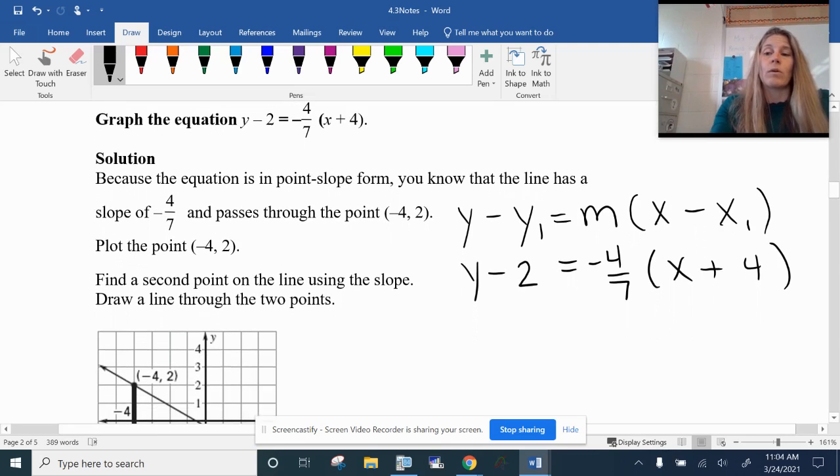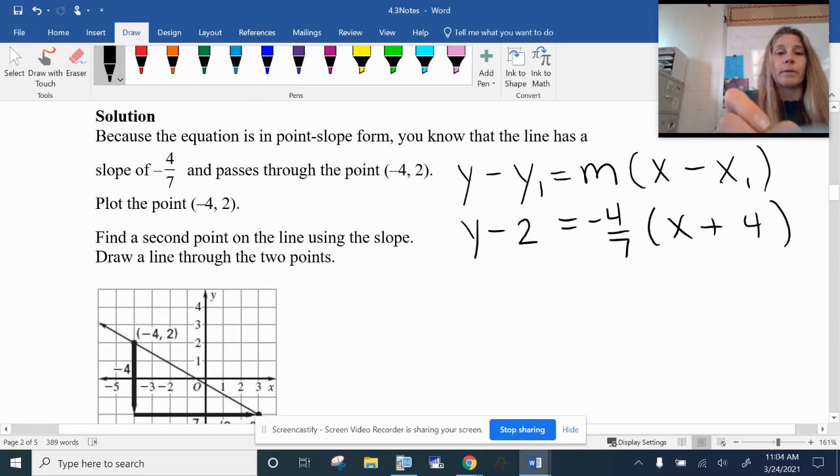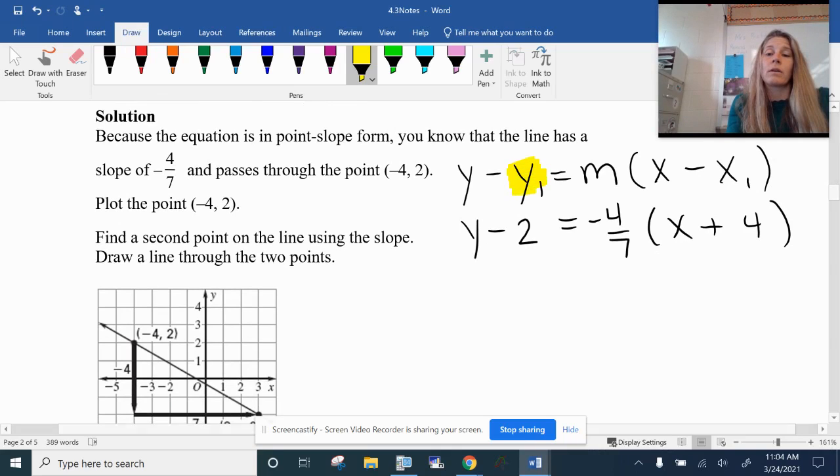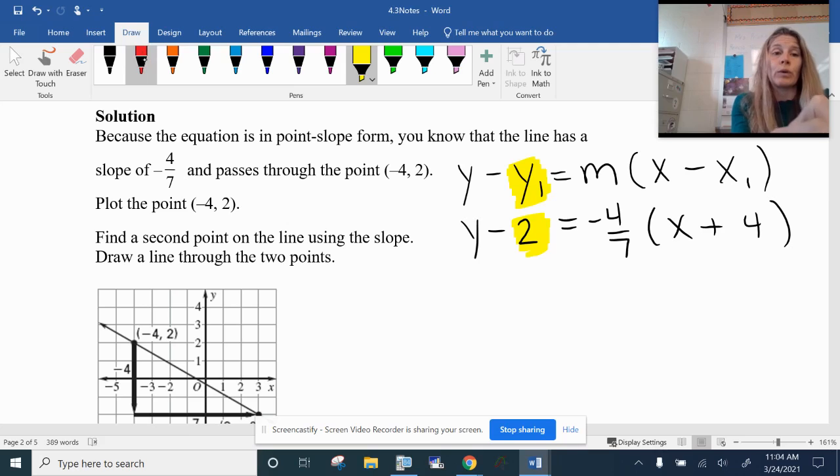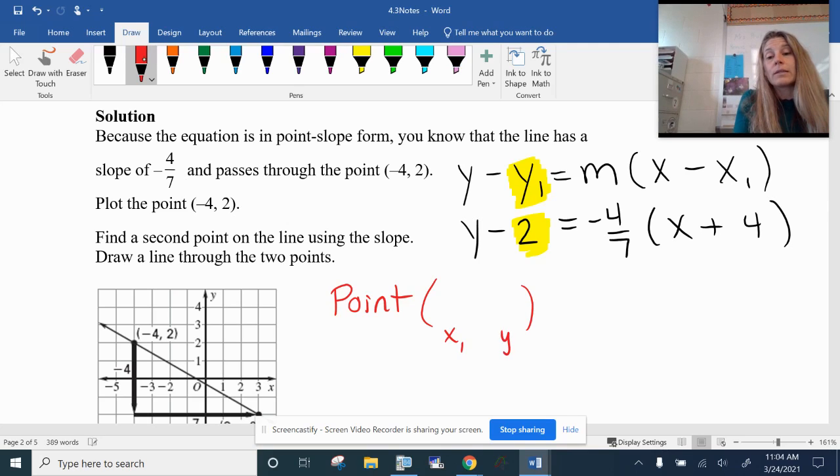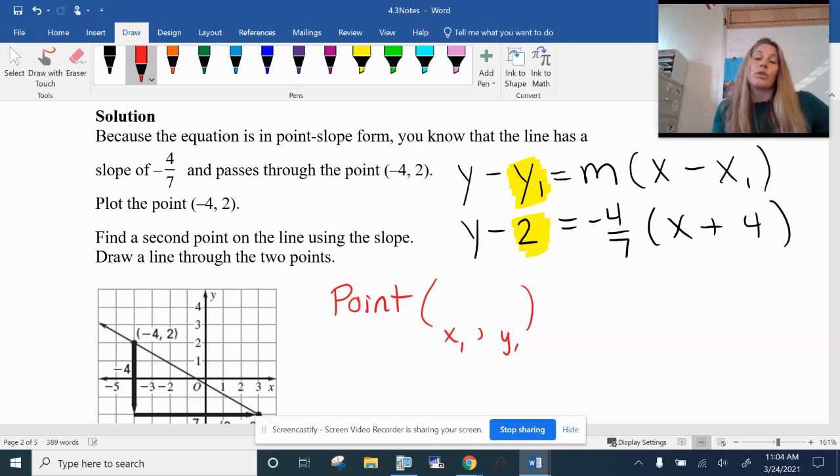Okay, so now in this equation, if I look at the y1, I can see that that's going to be 2. Now, this is where some people get a little bit confused because sometimes the signs can be a little tricky here. So when I'm looking for my y1, the y1 is what's being subtracted from my y.